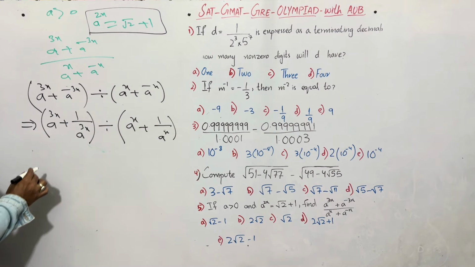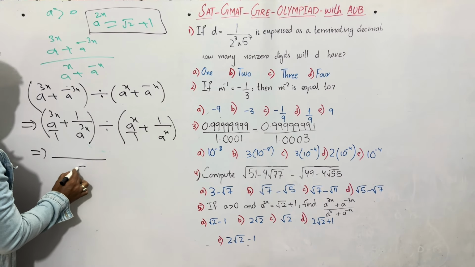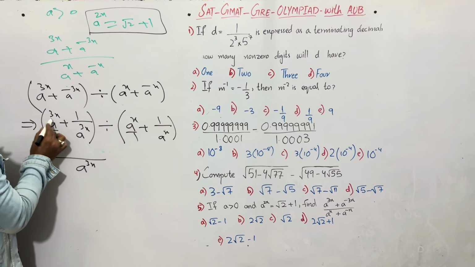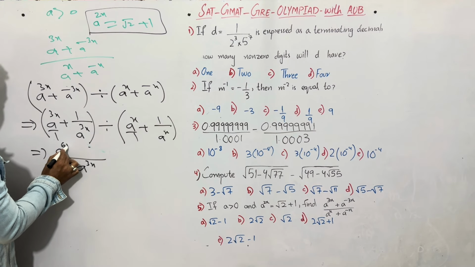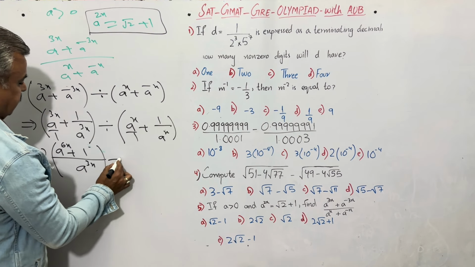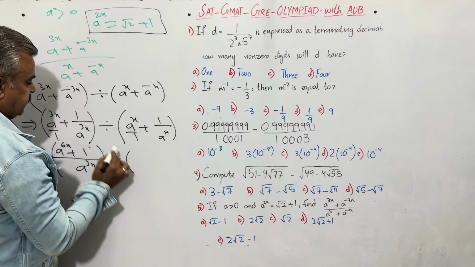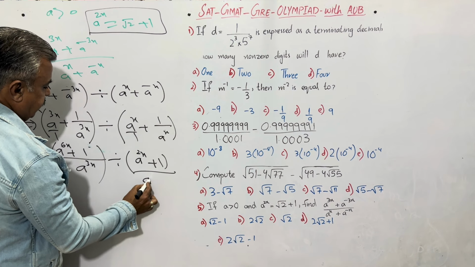Taking LCM, a raised 3x times a raised 3x, adding the powers, becomes a raised 6x plus 1. Similarly, a raised x times a raised x becomes a raised 2x plus 1 divided by a raised x.